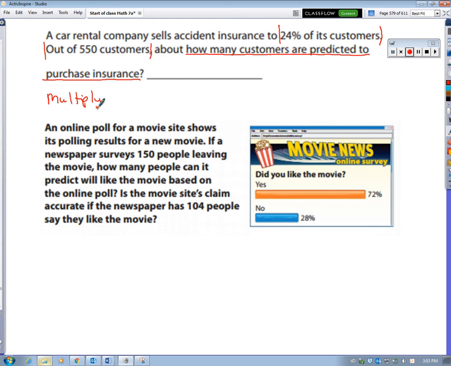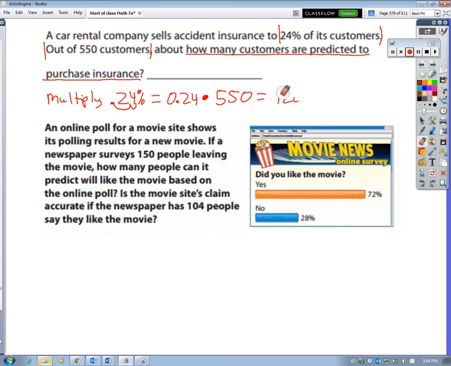Alright, so we're going to take 24%, change that into a decimal by moving our decimal point 2 places. That gives us 0.24. Multiply that by 550 because that's how many customers there are, and that will tell us how many people are predicted to purchase insurance, and you're going to get, well, actually not 120, excuse me, you're going to get 132 customers.